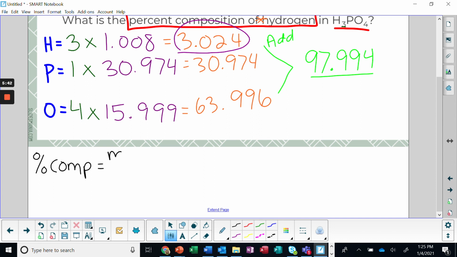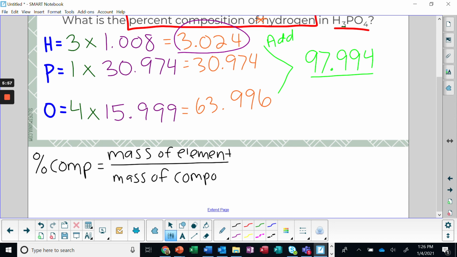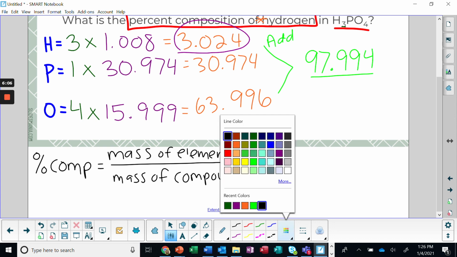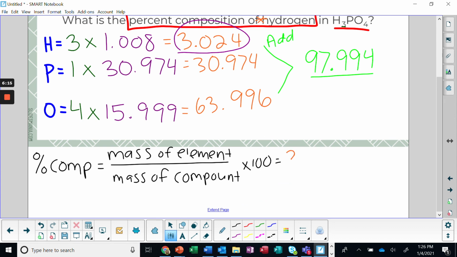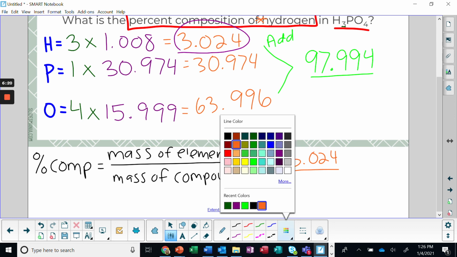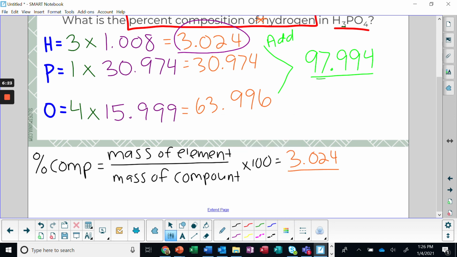So there's my equation. Now we'll plug it in. So we have 30.024 divided by the mass of the whole compound, which is this one.